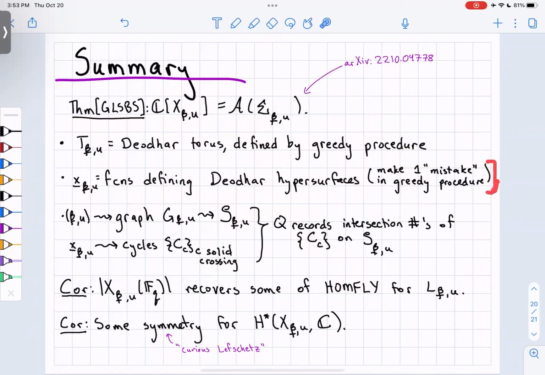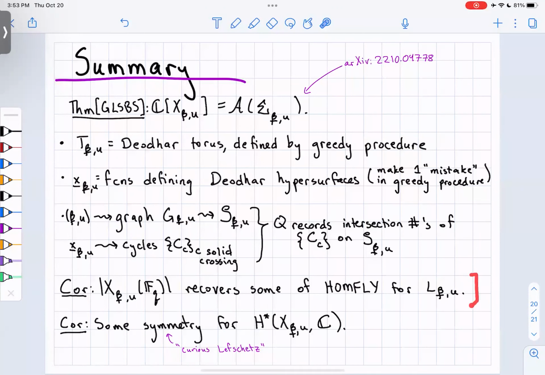My basis were the functions defining the Deodhar hypersurfaces, so the complement of this torus. Okay, so that was the geometric information. And then the combinatorial information was, I started with my braid word, I turned it into a graph, and each one of my solid crossings, or each one of my cluster variables, corresponded to some cycle in this graph. And then I just recorded the interactions of these cycles.